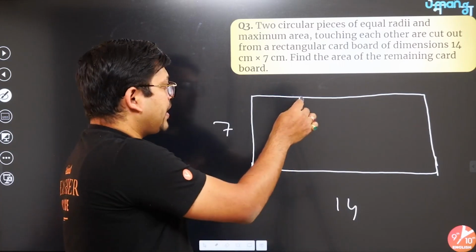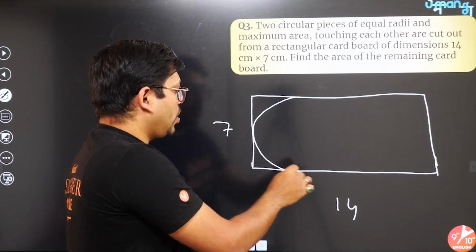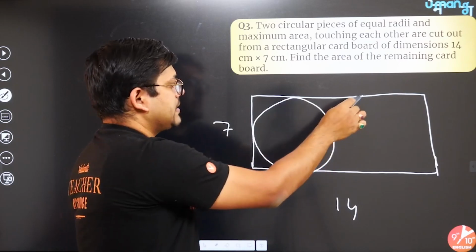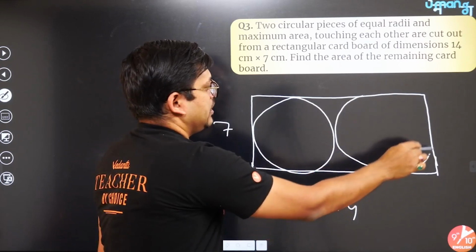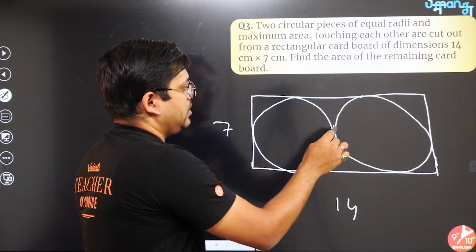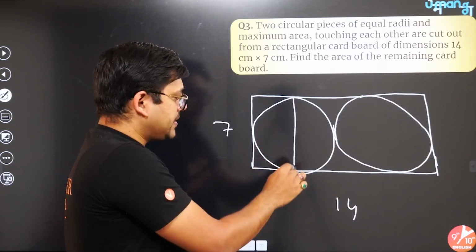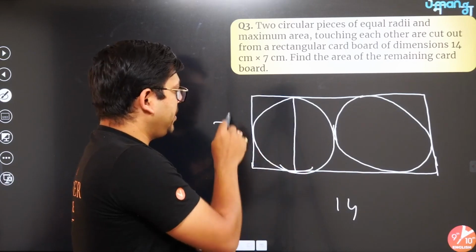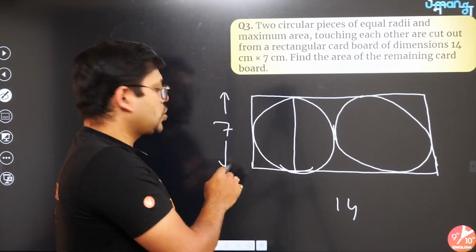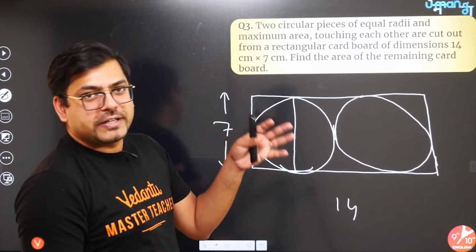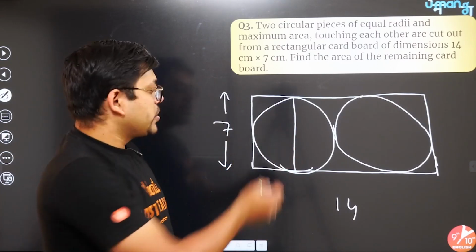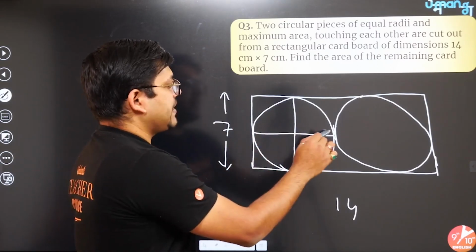I hope you are understanding that you will be able to draw two circles in this rectangle touching each other, because the diameter of the first circle is 7 centimeter. This could be the maximum, you can't draw outside the sheet. So if this is 7, this will also be 7.